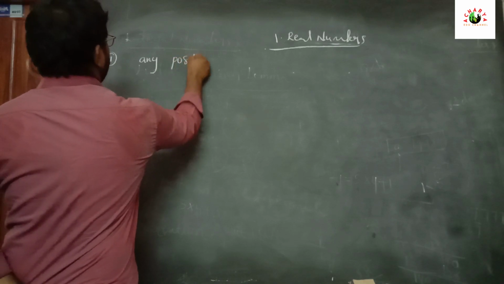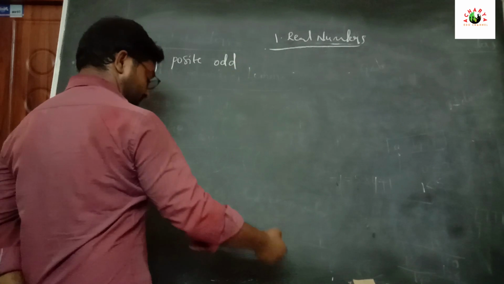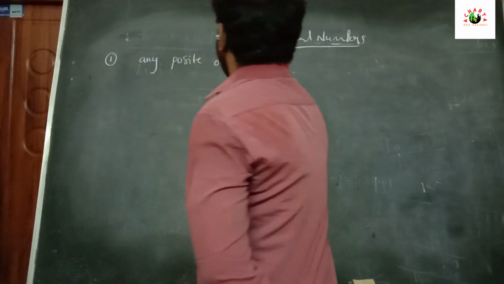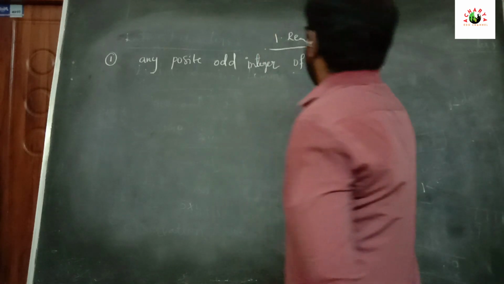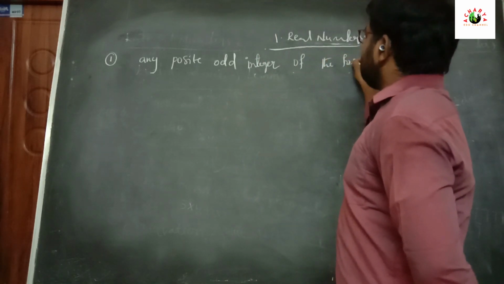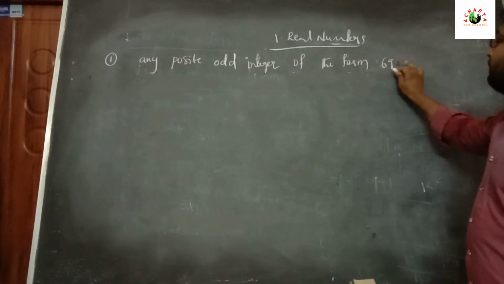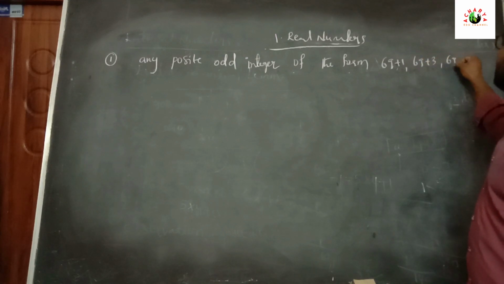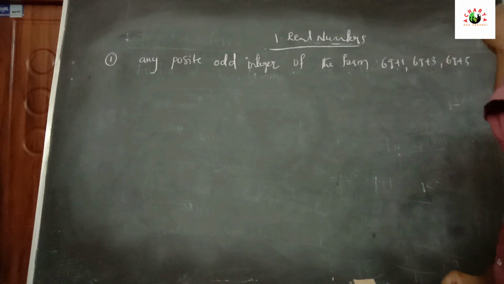any positive odd integer is of the form 6q plus 1, 6q plus 3, or 6q plus 5.